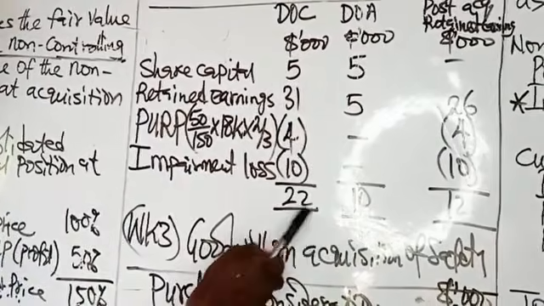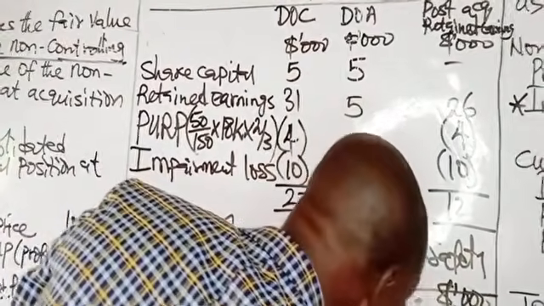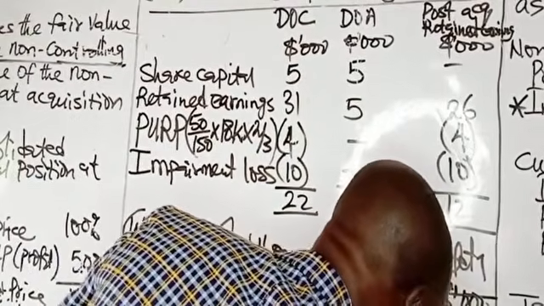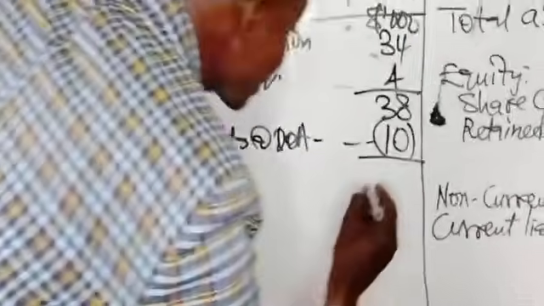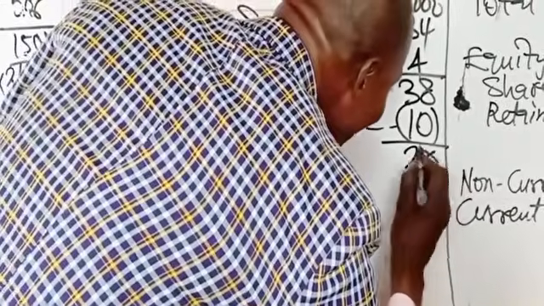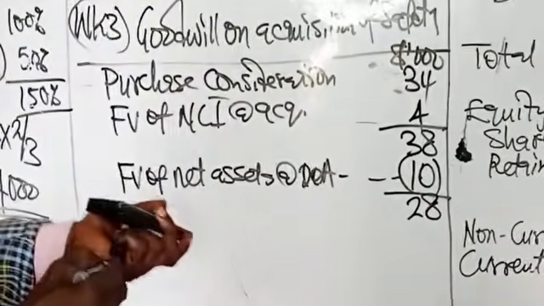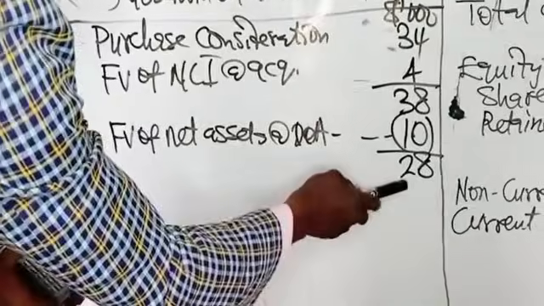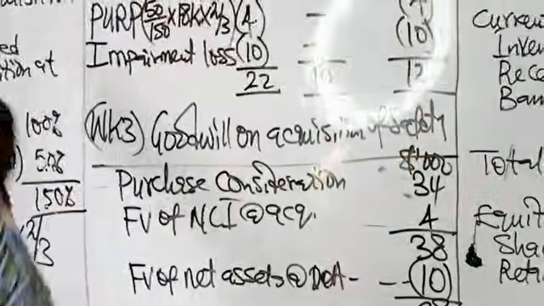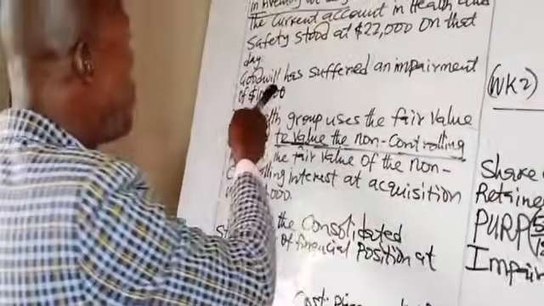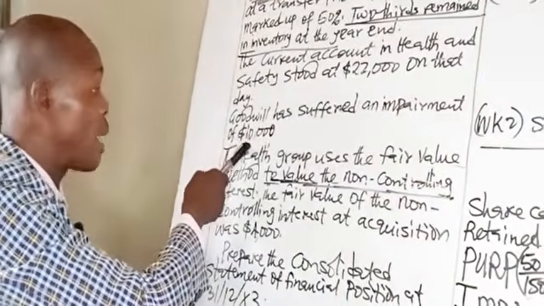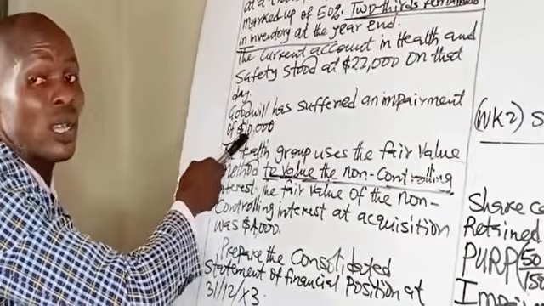So the fair value of net asset is 10,000. If you subtract 10,000 from 38,000, then you'll be having 28,000. This 28,000 is goodwill. But remember, the goodwill has been impaired by 10,000. So you are going to deduct the impairment loss of 10,000 from your goodwill.